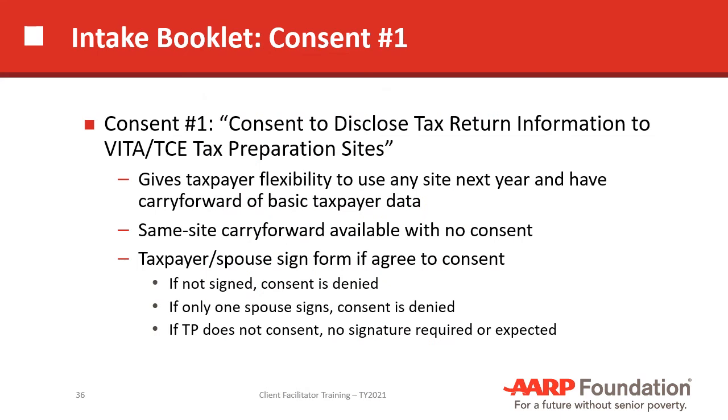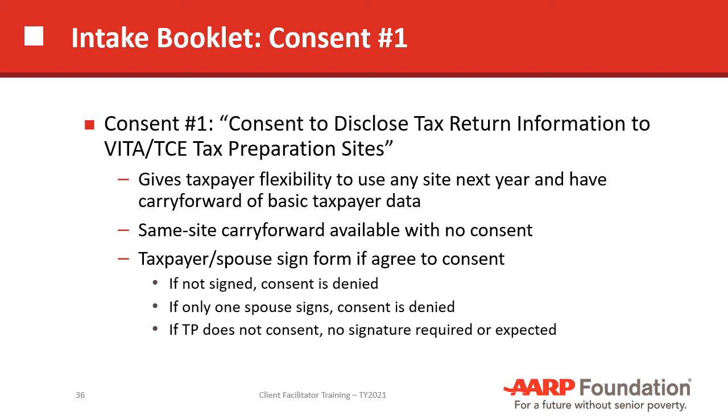Okay, consent number 1. Consent number 1 is the consent to disclose tax return information to VITA TCE tax preparation sites. What this consent form does is give the taxpayer flexibility to use any site next year and have their basic information carried forward to the tax return at the site that they go to.